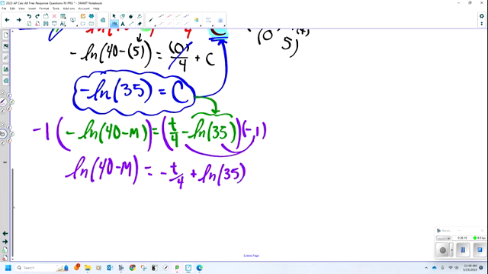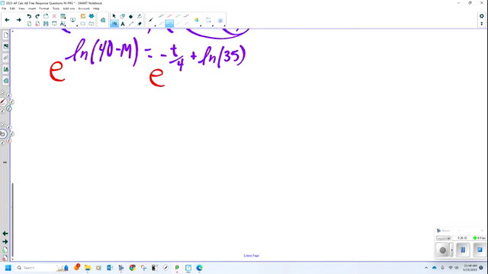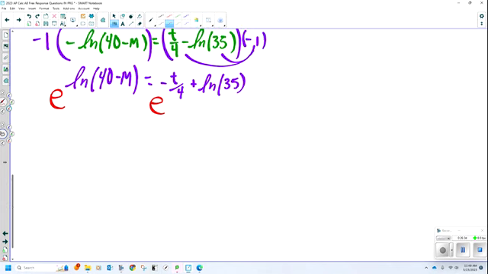All right, good, good, good. Now the fun part, kids. Get used to ln and e canceling each other out, because that's what's important right here. I'm going to make a base e to both of these entire sides. All right? And this is where things get extremely easy if you know your rules.